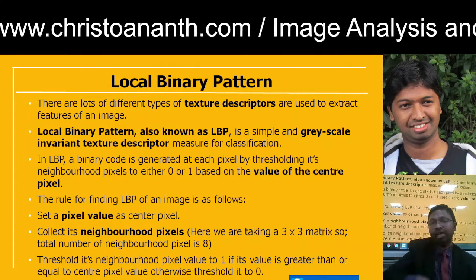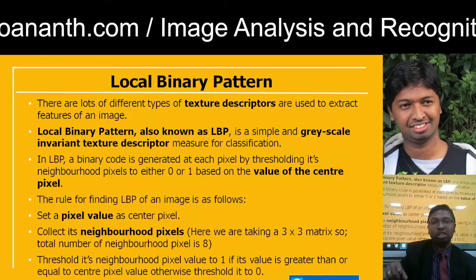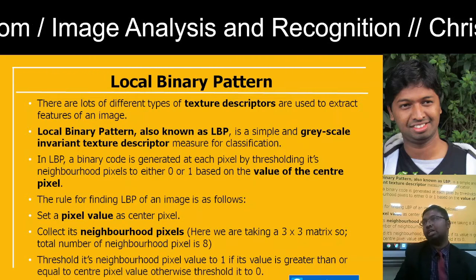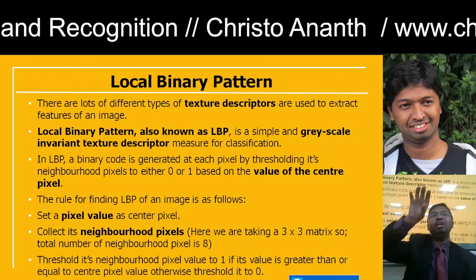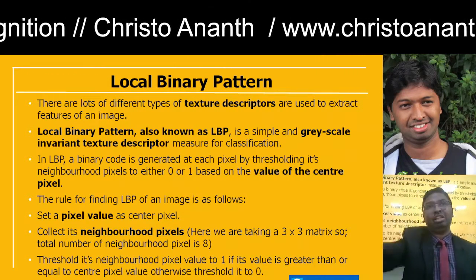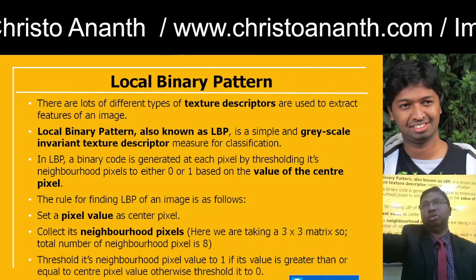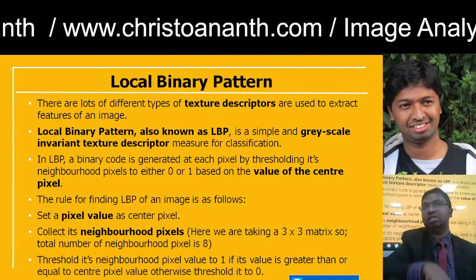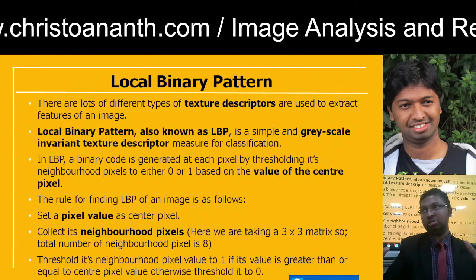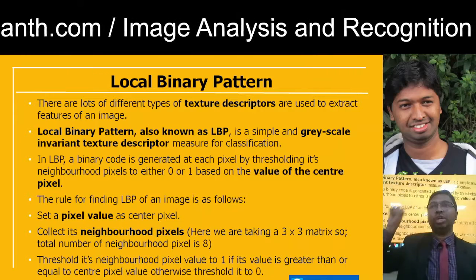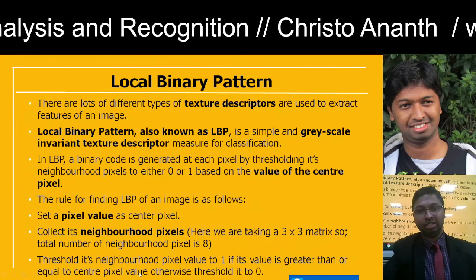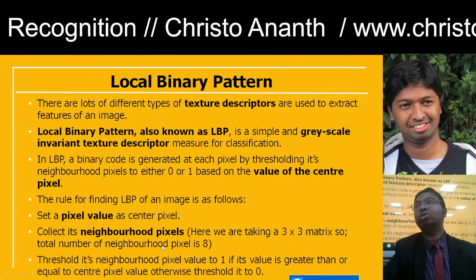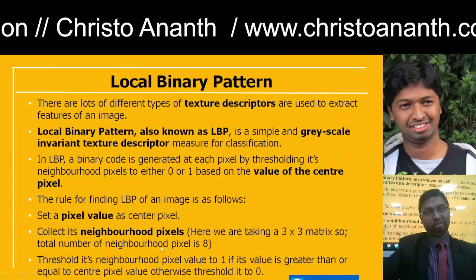If you take a 3 cross 3 matrix, the total number of neighborhood pixels is 8. 3 cross 3 means 1, 2, 3, 4, 5, 6, 7, 8, 9. The center pixel you take is one, so the total number of neighborhood pixels is 8.